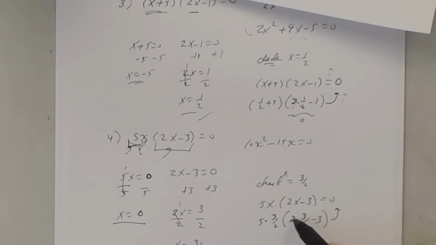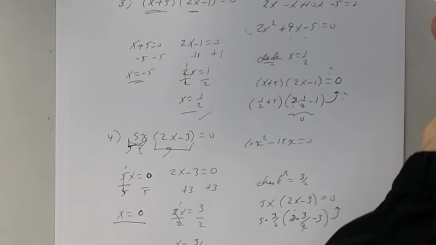What's 2 times 3/2? That shouldn't take you a long time to do, guys. 3. What's 3 minus 3? 0. And 0 times whatever this is right here, which is 15/2, is still going to be what? 0.